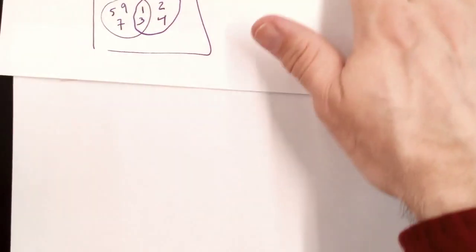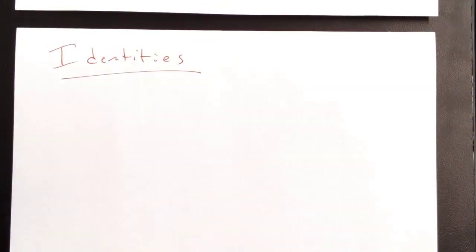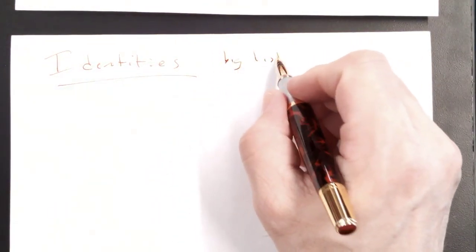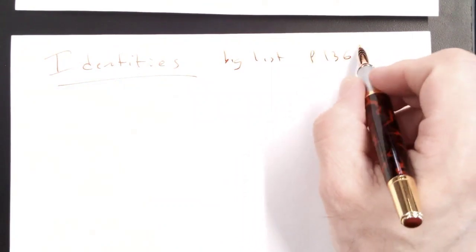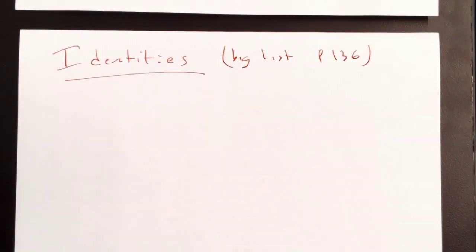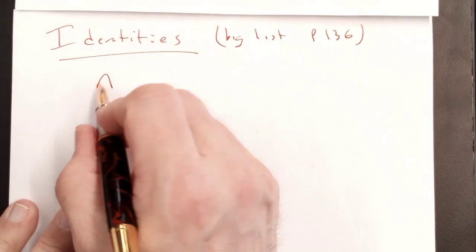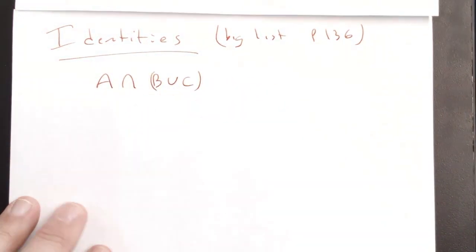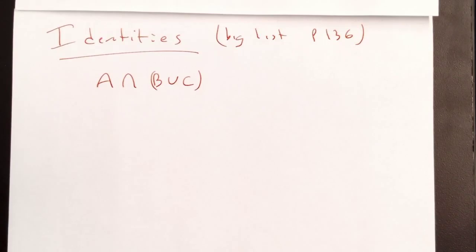So, page 136 is where that giant list is. But let me just pick one. A and (B or C).